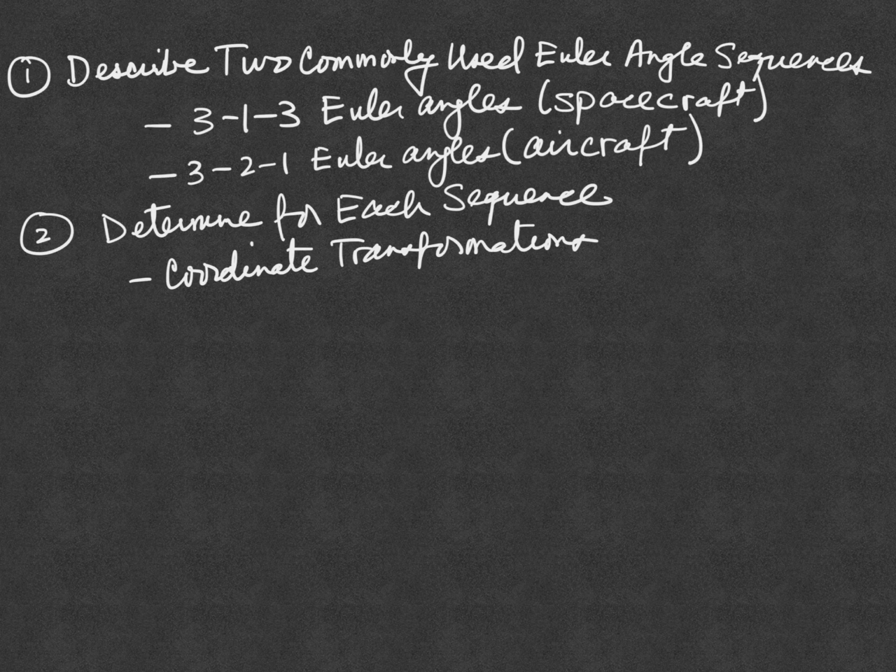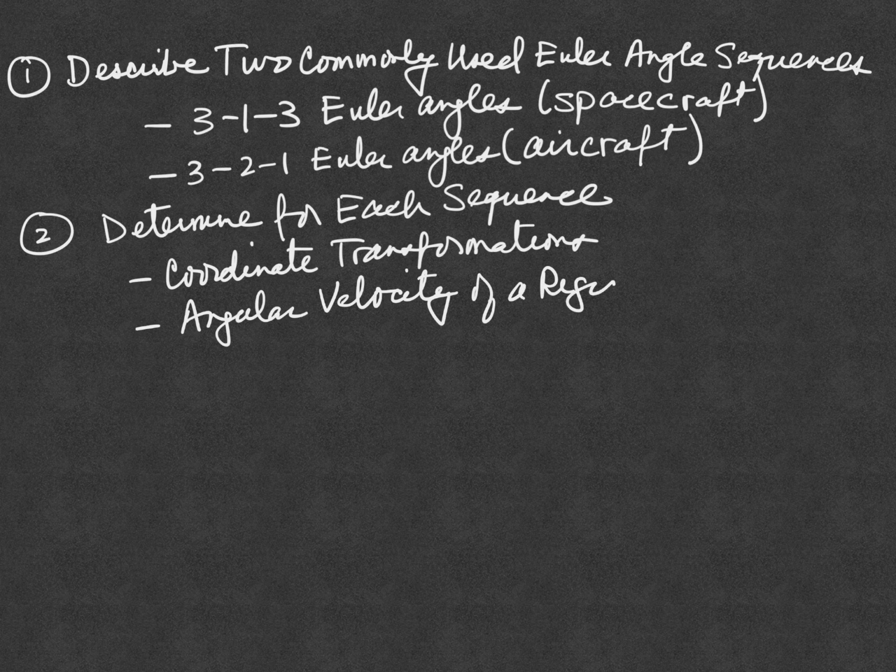And second, we will determine the angular velocity. Now, because we're dealing with a rigid body, this is actually the angular velocity of a rigid body, and it's relative to an arbitrary reference frame.